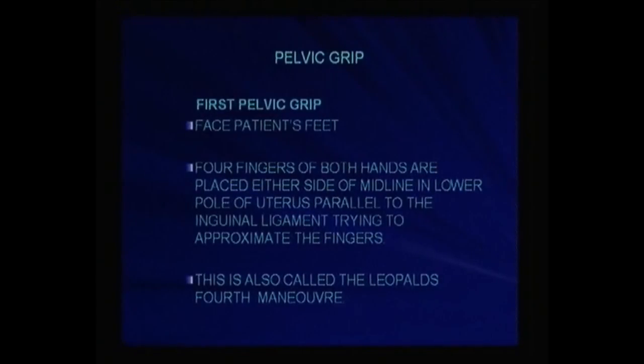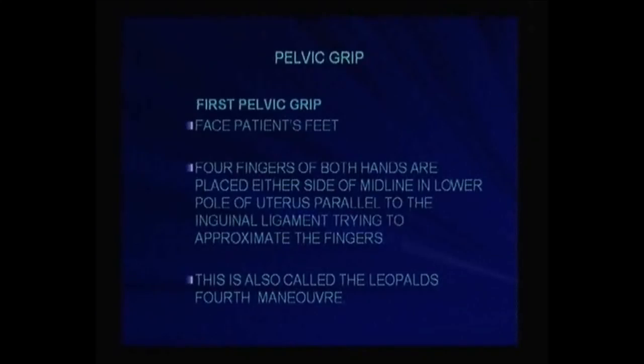This is the Leopold's fourth maneuver. We face the patient's feet. Four fingers of both the hands are placed on either side of the midline in the lower part of the uterus, parallel to the inguinal ligament, and we try to go below the presenting part.